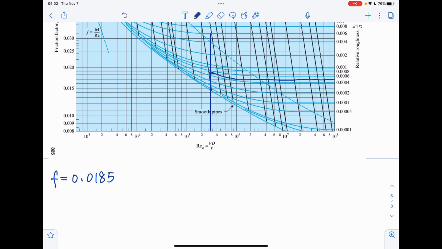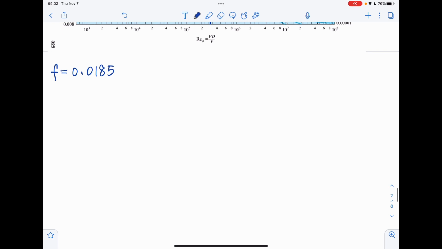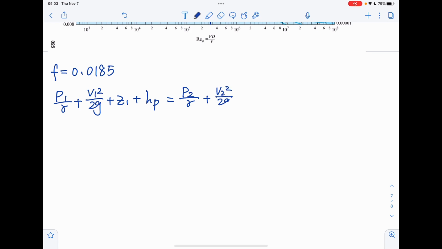So now we can write down the energy equation. P1 over gamma plus V1 squared over 2g plus z1 plus the pump head equals P2 over gamma plus V2 squared over 2g plus z2 plus the head losses, so the entrance, the exit, and the friction losses.